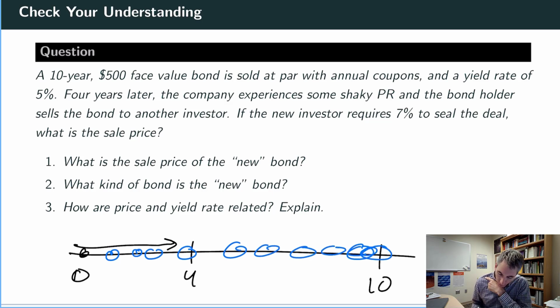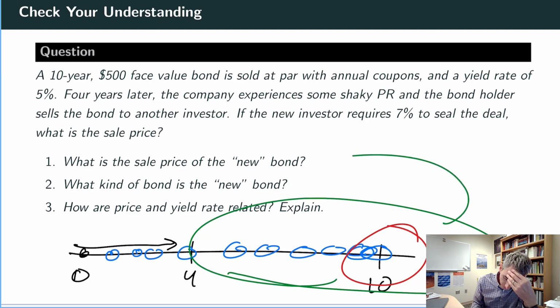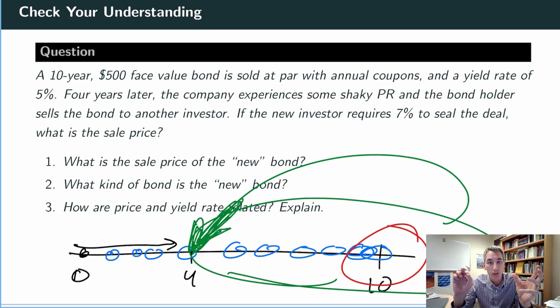There are 6 coupons and the redemption value. So you're not selling a 10-year bond, you're selling a 6-year bond. There's only 6 years left on the bond, right? So you're present valuing this right here to time 4. So can you see how the time diagram is useful here? The time diagram helps you understand what is actually going on, okay?